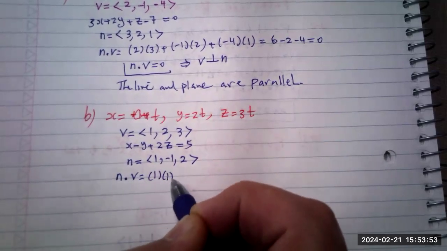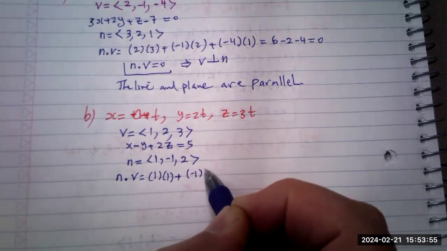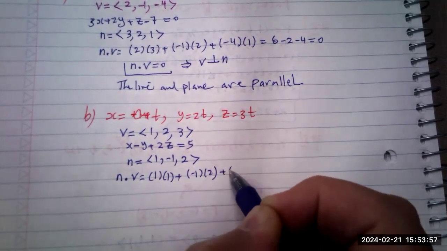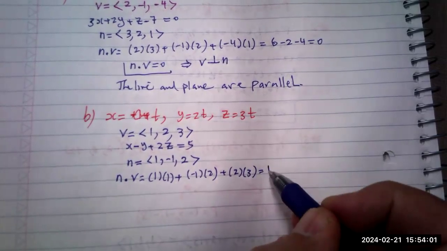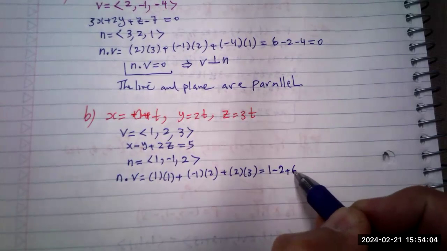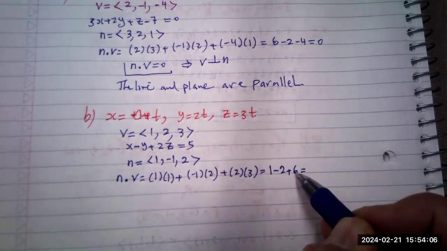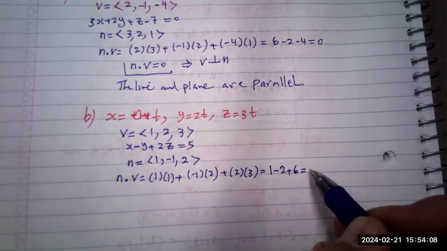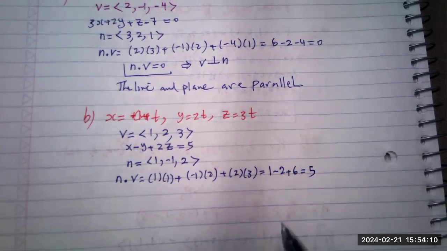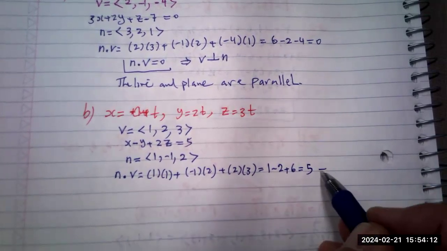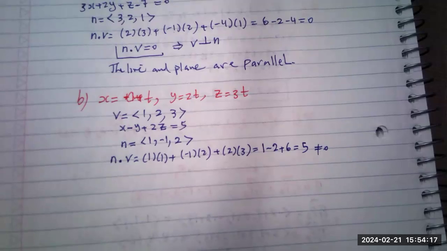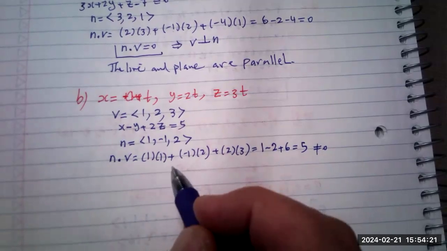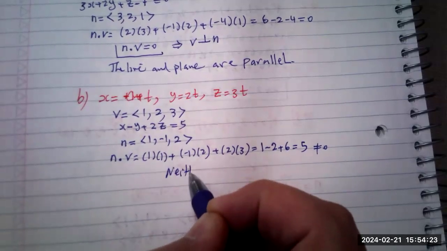It's going to be 1 times 1, -1 times 2, and 2 times 3. So that gives you 1 minus 2 plus 6, which is 5. 5 is not equal to 0, so it's neither. Because they are not parallel to each other and they are not orthogonal to each other, the answer to this one would be neither.